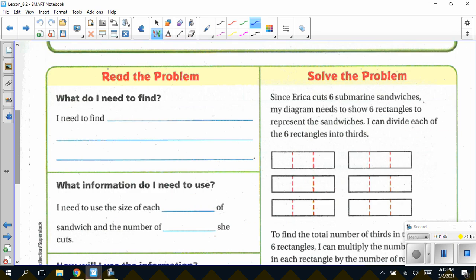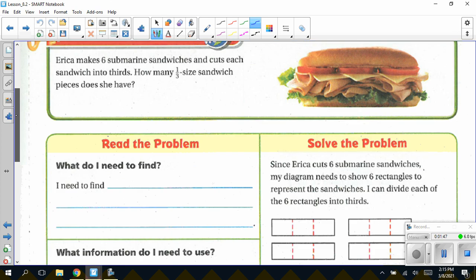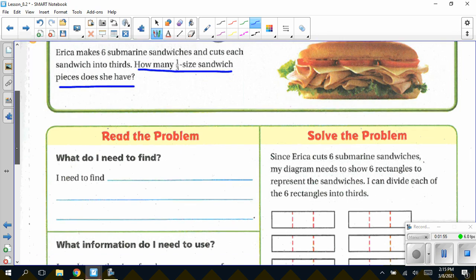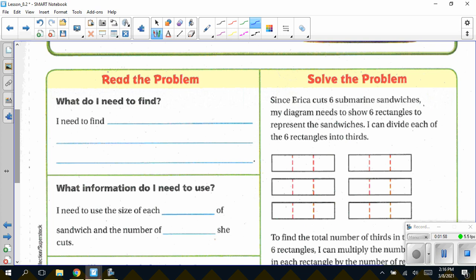Well, if I look back up at the question, it says that we are going to try to find how many 1/3 size sandwich pieces she has. So I need to find the number of 1/3 sized sandwich pieces.